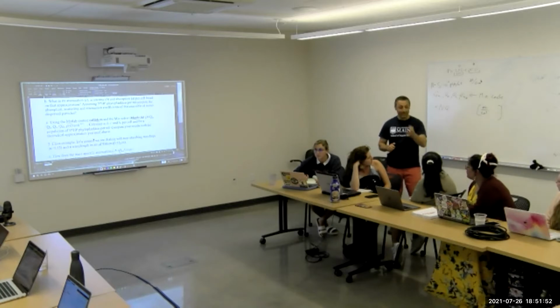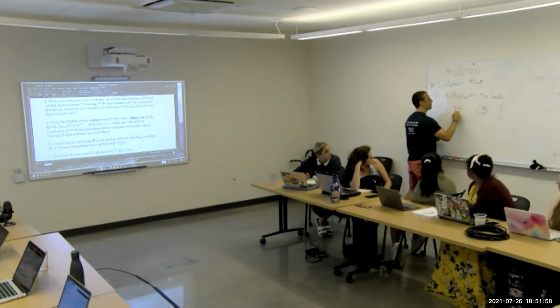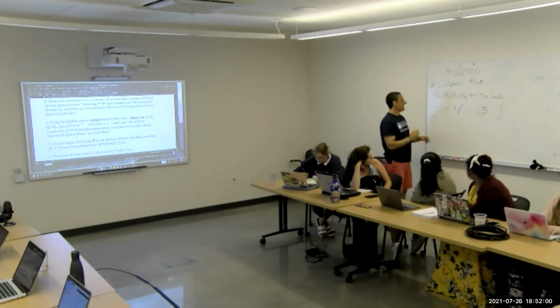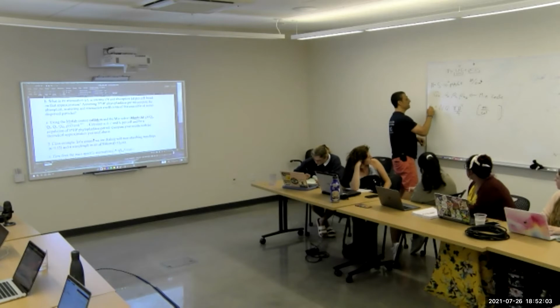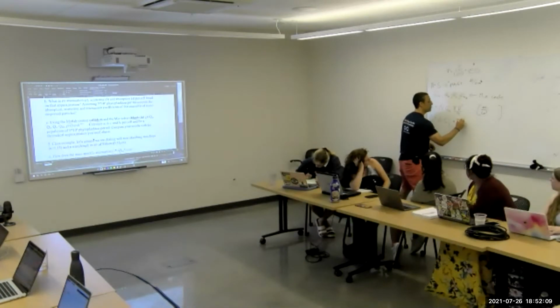Cross-sectional area, exactly. So we multiply this by pi, and if we have D, it's D squared over 4. Okay, so my A is going to be N times QA, my C is going to be N times QC times pi D squared over 4.